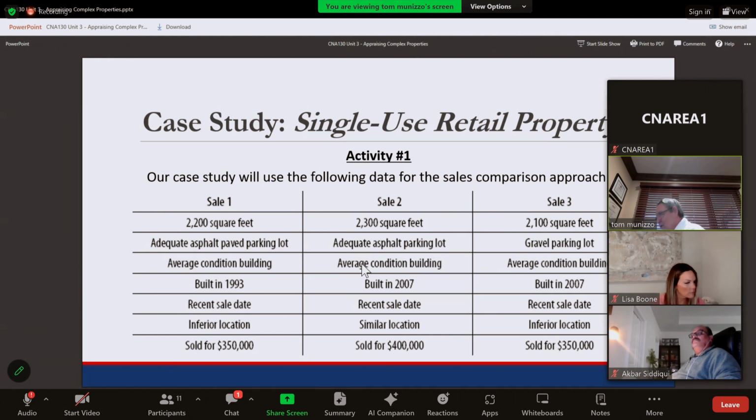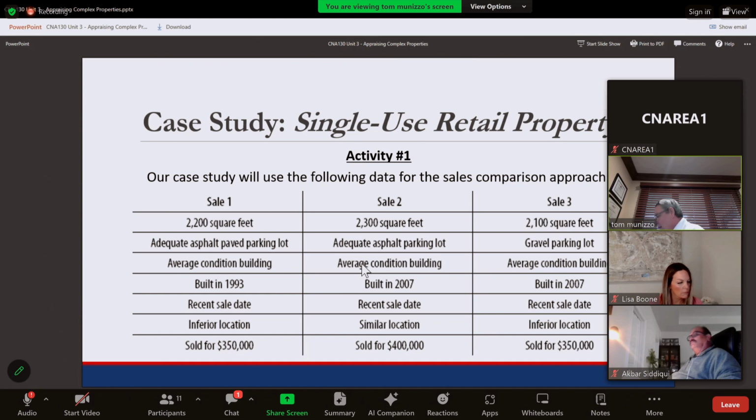They're all in average condition. 2 were built in 2007, and the subject in 2000, so we're looking at basically a 7-year age difference. They're all relatively recent in sale date.